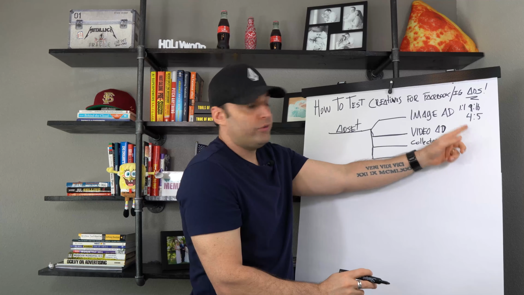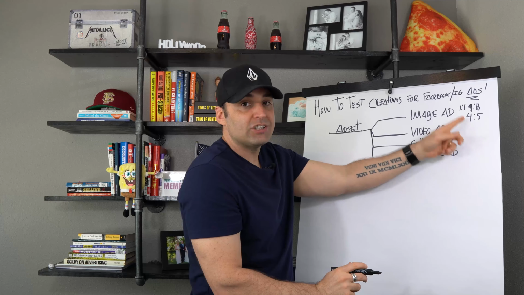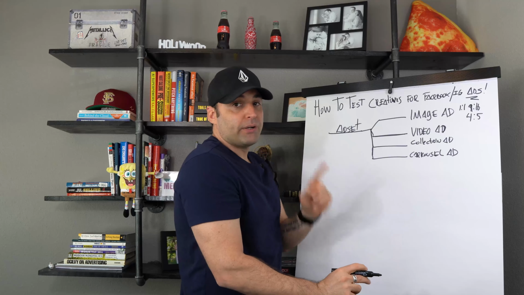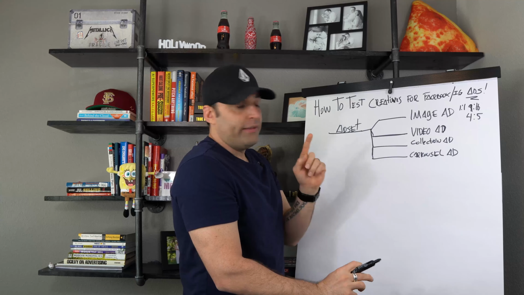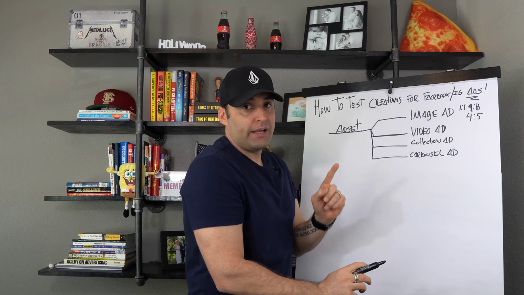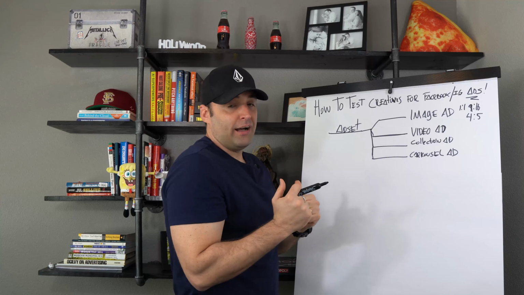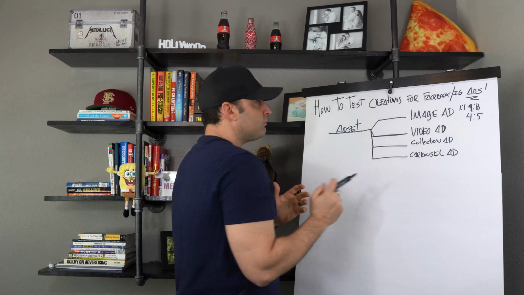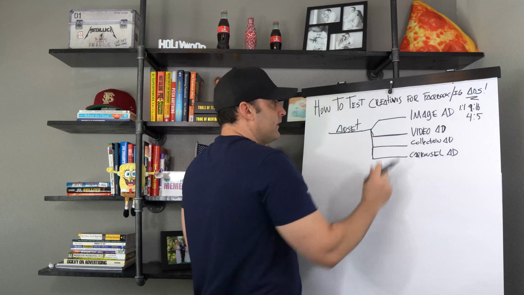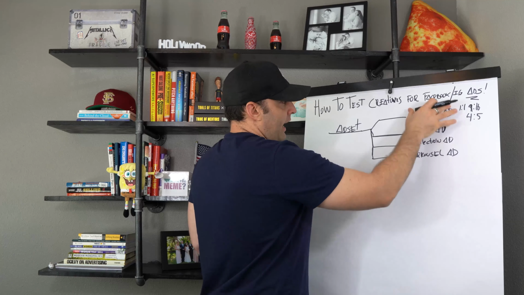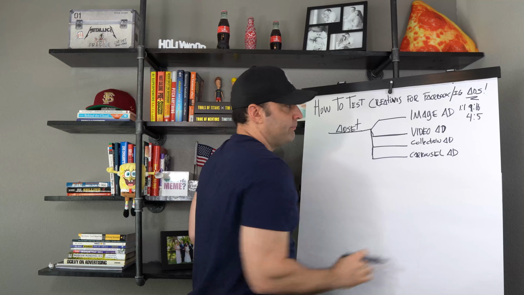If you do the formatting for each different placement, Facebook is going to reward you with cheaper impressions. Okay, so that means more sales and cheaper CPA, cost per acquisition. Okay, so what you do is you run the ad and you let Facebook do its thing.